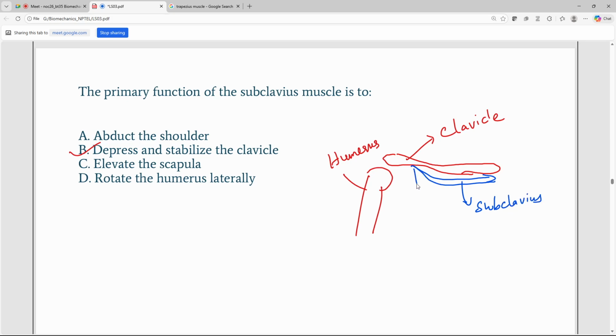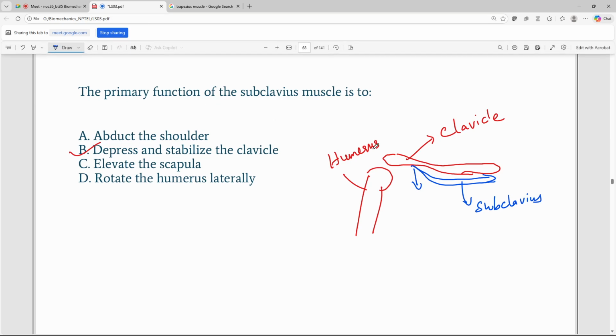So this is actually depressing and stabilizing the clavicle bone.